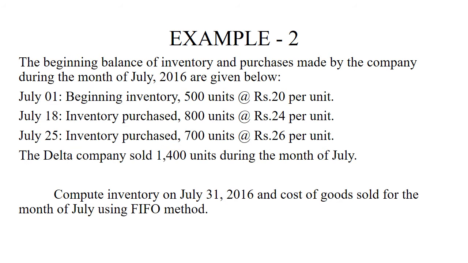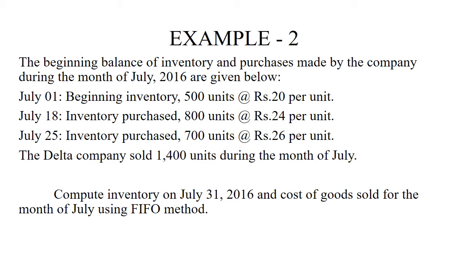Our second example: the beginning balance of inventory and purchases made by the company during the month of July 2016 are given below. July 1st, beginning inventory 500 units at rupees 20 per unit. July 18th, inventory purchased 800 units at rupees 24 per unit.